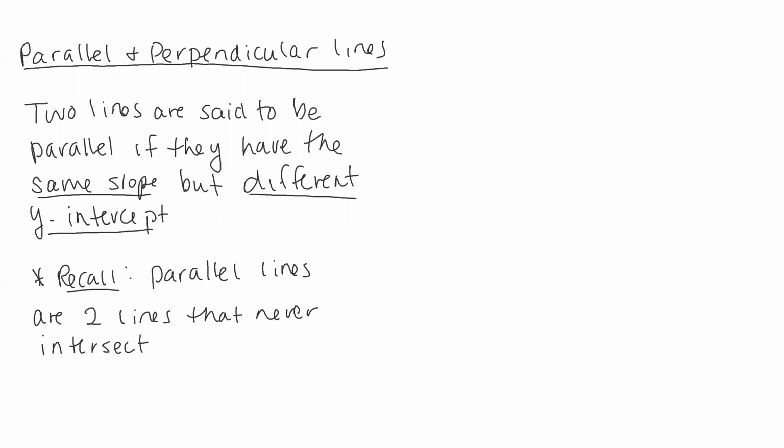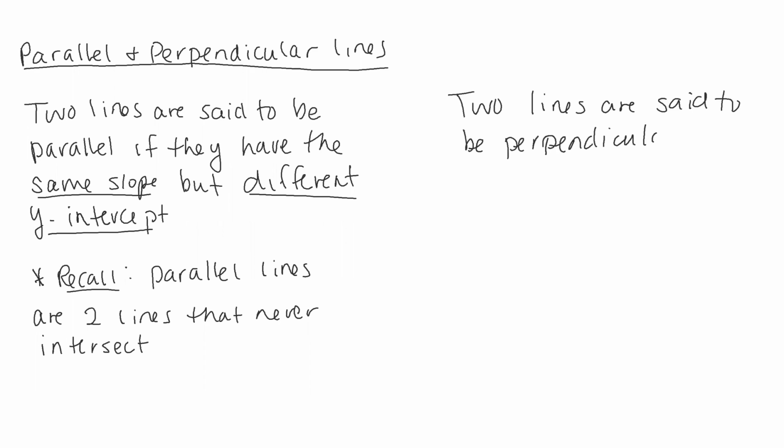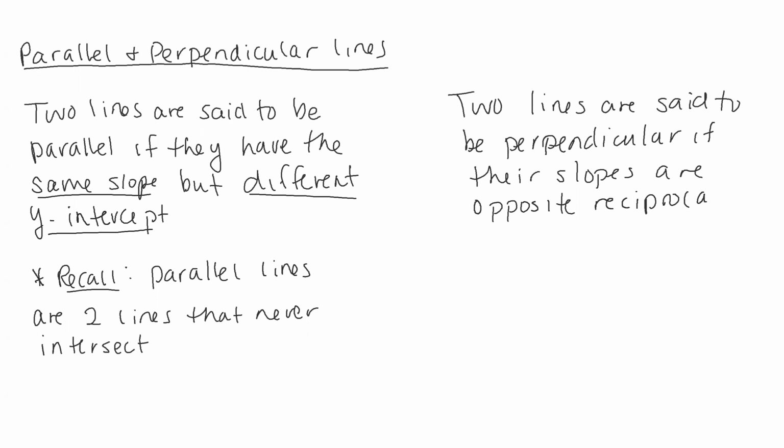Okay. Now, on the other hand, two lines are said to be perpendicular if their slopes are opposite reciprocals of each other.